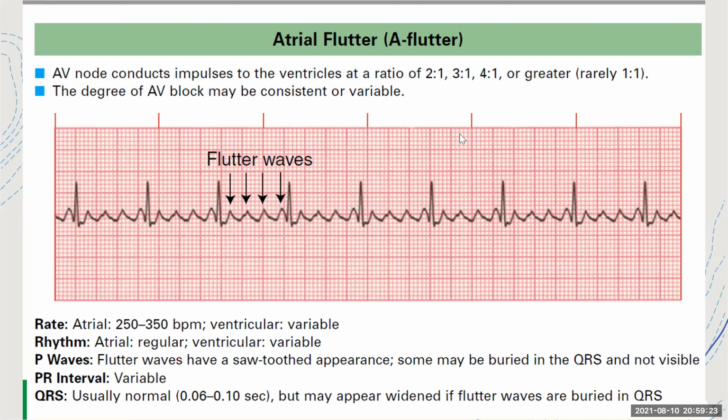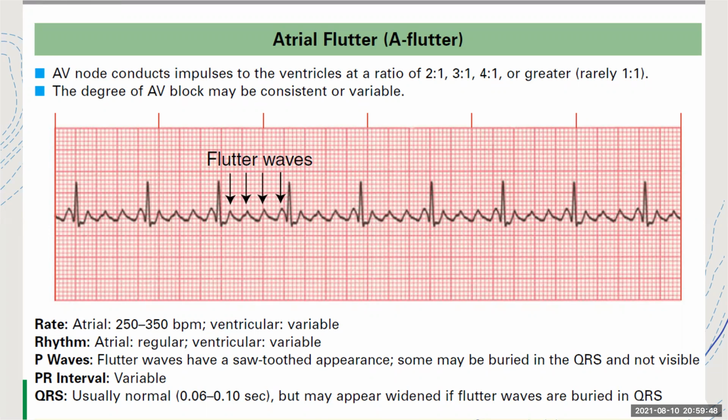Here you will always find flutter waves. The P wave is actually converted into a flutter wave, because whenever the atria contract, we can say it's a P wave. So in atrial flutter you cannot differentiate a proper P wave, and you may find too many P waves here, 3, 4, 5. We should not say P waves here; we will always say flutter waves.